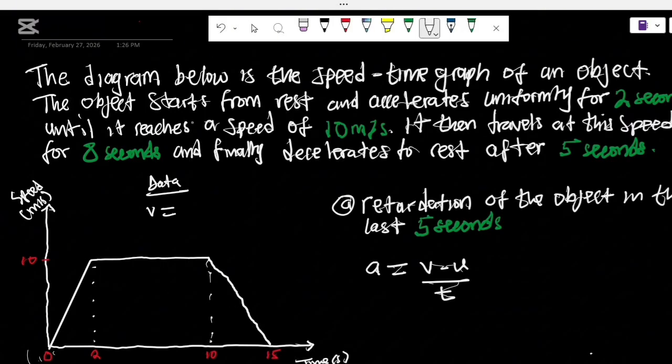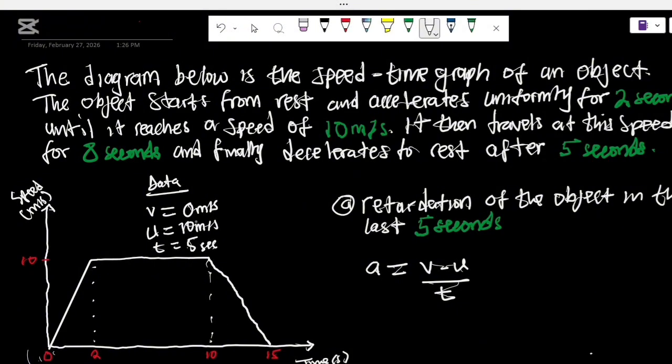So in this case, the initial velocity is going to be 10, while the final velocity is going to be 0. So the final velocity is 0 meters per second, whereas the initial velocity is 10 meters per second. And the time is going to be 5 seconds.